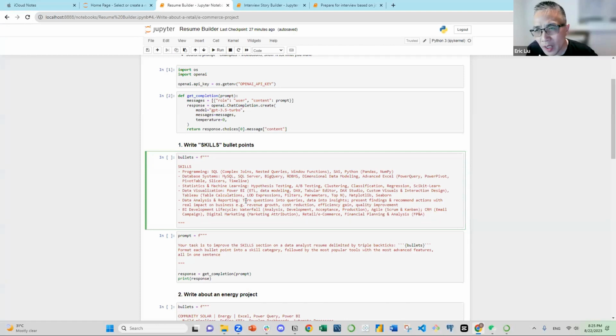And if you come from a non-STEM background, and if you want to appear technical, I think your skills section is super important. And skills goes immediately below your name and your phone, email, and probably a link to your portfolio.